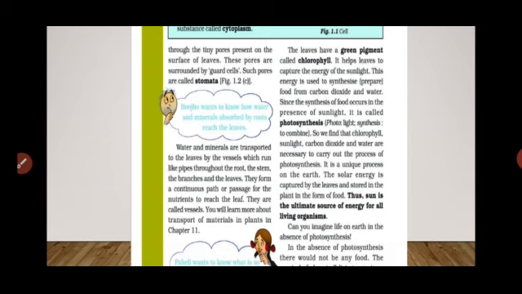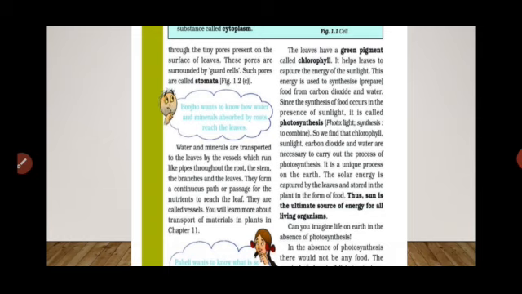The solar energy is captured by the leaves and stored in the plants in the form of food. Students, what is solar energy? Where does it come from? It comes from the sun, and sunlight is another name for solar energy. So students, this solar energy is captured by leaves.